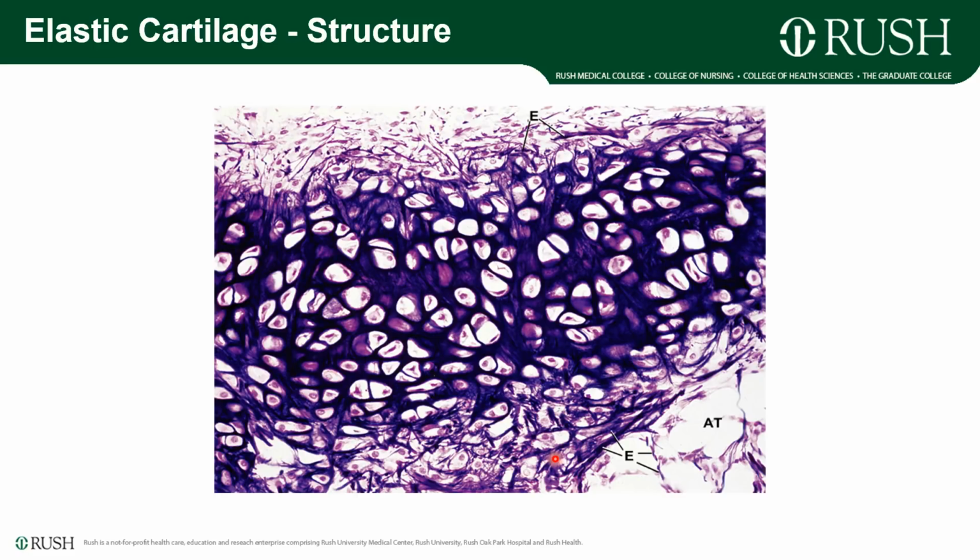This histological view, which you will be seeing in your labs, represents that. Here once again you can see these doublets of chondrocytes, and the matrix in this case is appearing rather dark because all the elastic fibers within it are staining with this darker staining dye.